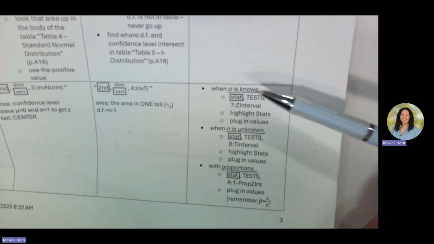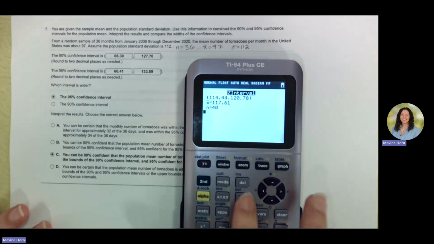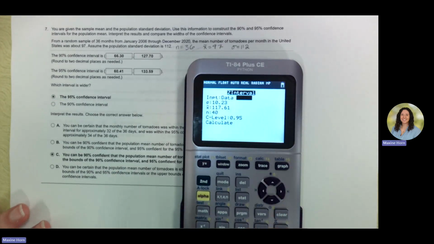Okay. All right, so same thing as before. Again, if you need to refer back to your handy dandy chart here, we know our population standard deviation, so we're going to go stat, test, z-interval. Stat, test, z-interval.